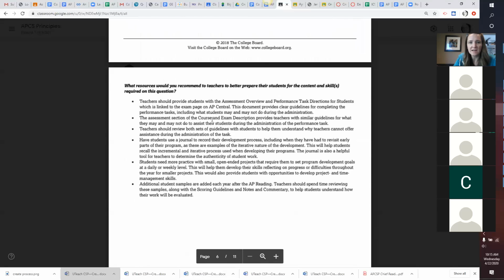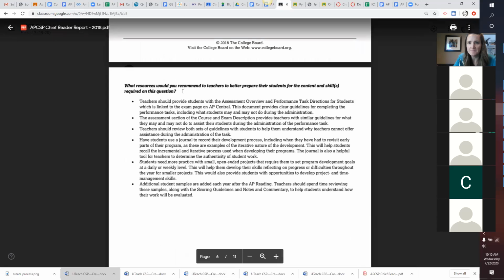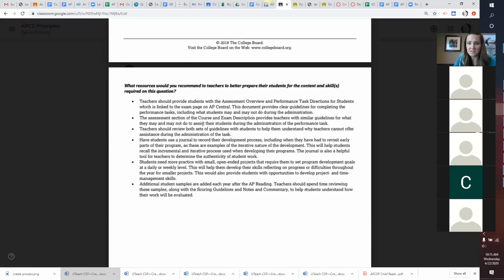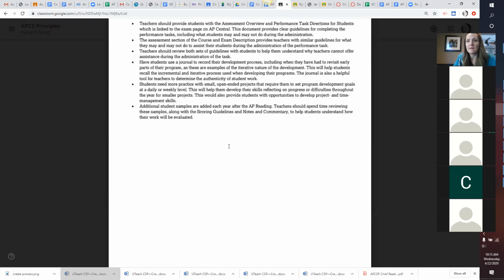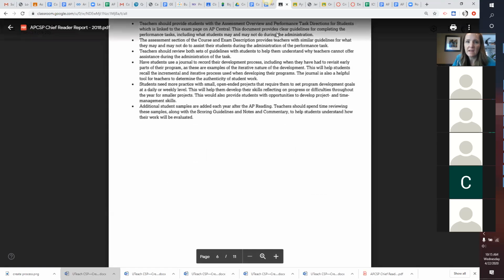Other stuff that's in here, ways that you can be prepared to answer those questions better. And you can read through these. The other thing that I gave you were the graded samples, graded sample C and graded sample I. Thank you for those of you that have submitted questions about those.